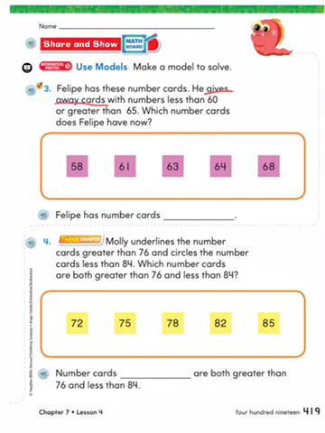And we need to cross them out. Cross out numbers that are less than 60 or greater than 65. Okay? And then that will be our answer right here. Felipe has what number cards left? Okay? So go ahead and do number 3.